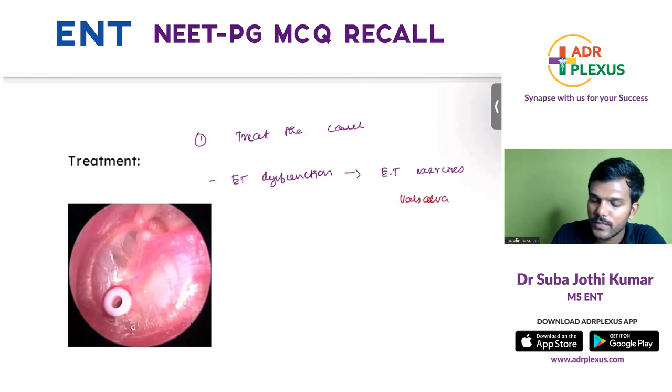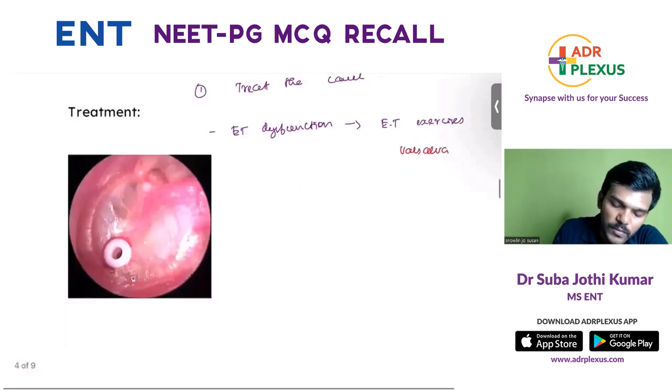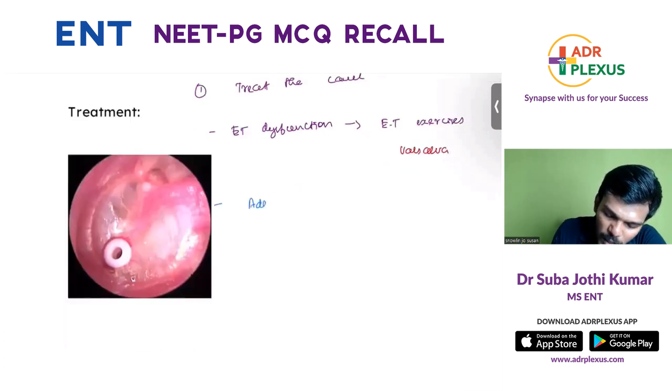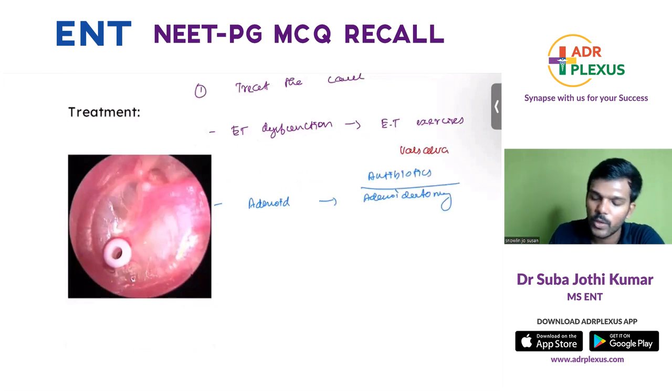Okay, so that is for the very early stage only, but if it is not effective, for adenoid hypertrophy you should do adenoidectomy, or previously antibiotics. So either you can cure by antibiotics or you can do an adenoidectomy.